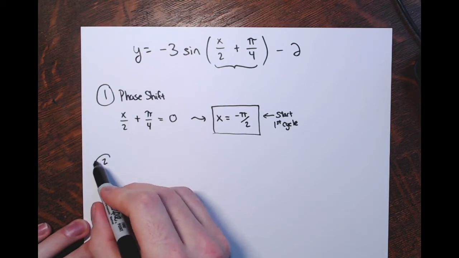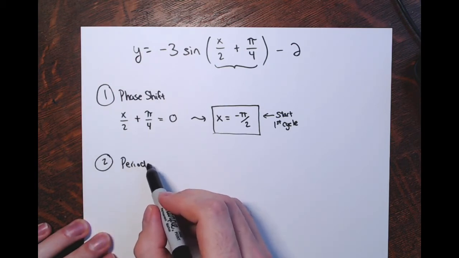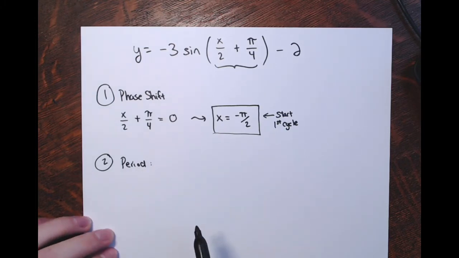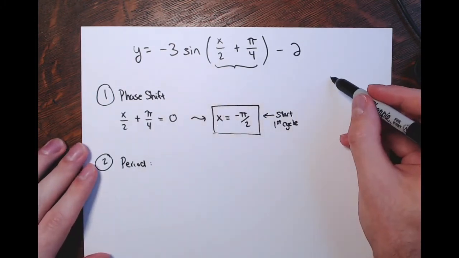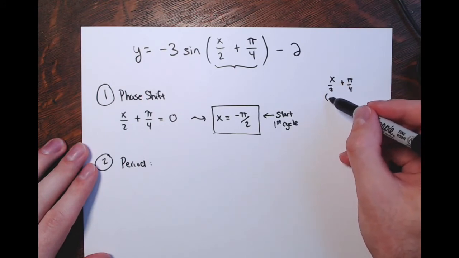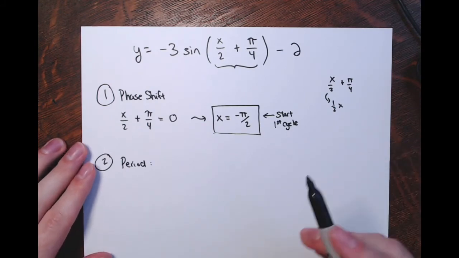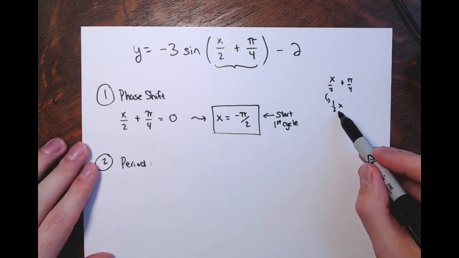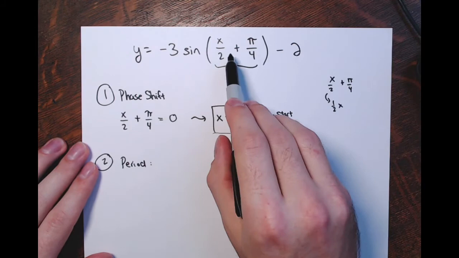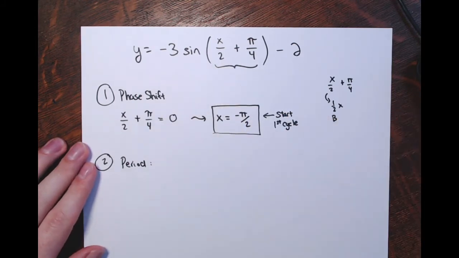Right, then, what's the period? I'm going to determine the period. Now this x divided by 2 plus pi over 4 here, this is half x, right? Plus pi over 4. The number being multiplied by x inside the trig function is a half. That's like the b from earlier, that b times x.